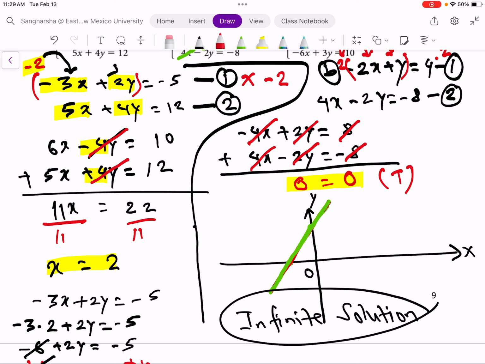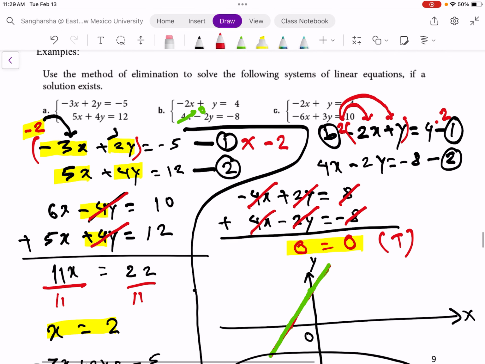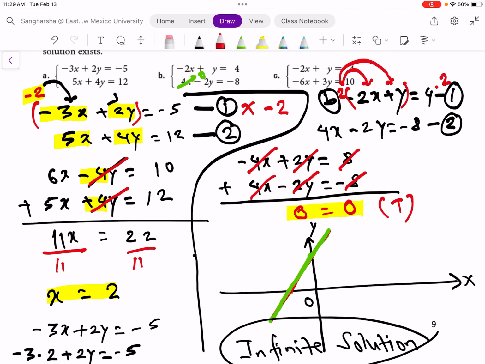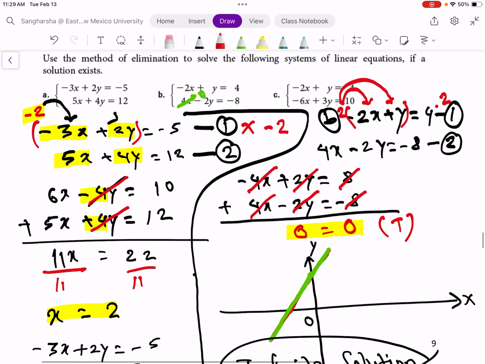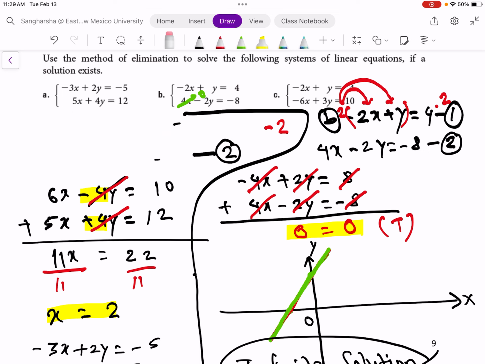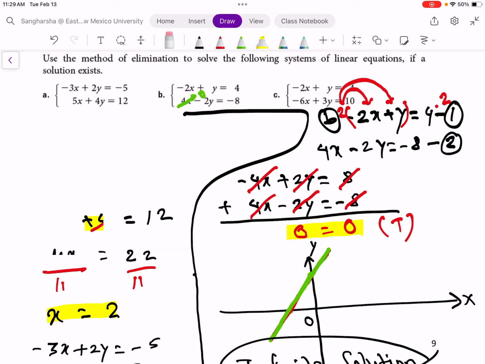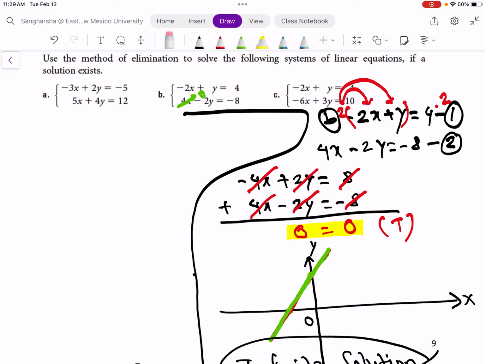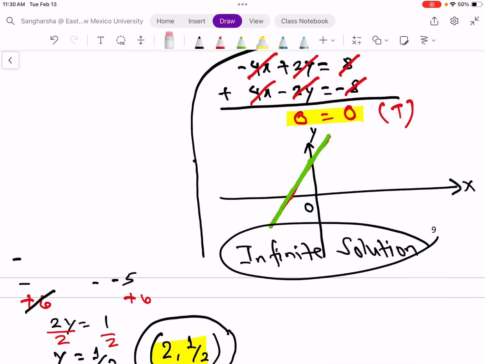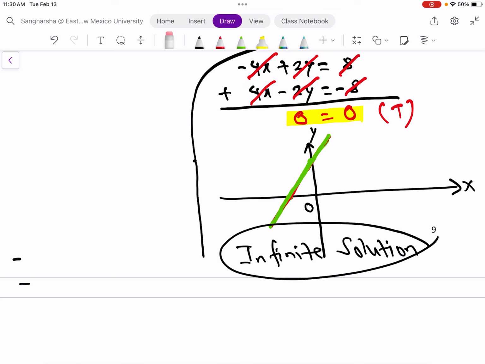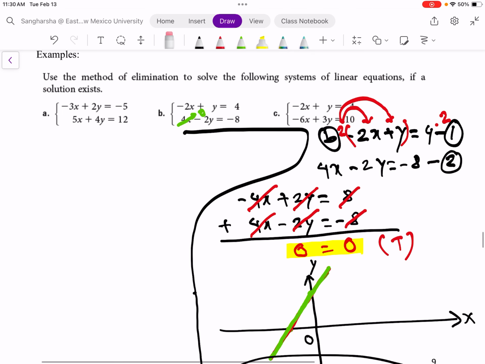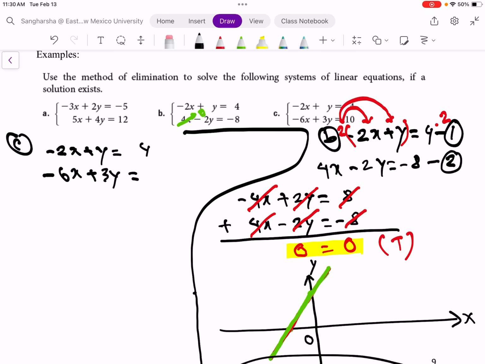Okay, now let's see what we have in number C. Number C must be the case where these two are parallel. Let's hope that. So let me erase part A here, and let's solve our equation C. So we have the equation negative 2x plus y equals 4, negative 6x plus 3y equals, it should be 10, right?